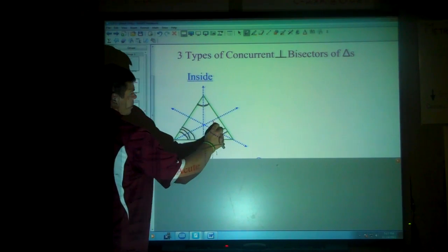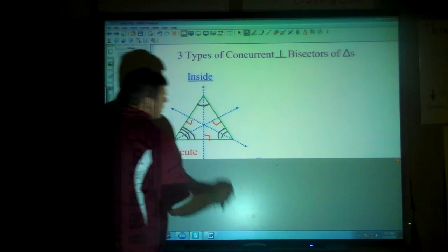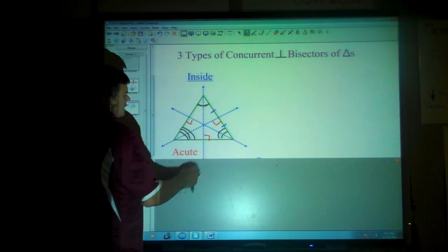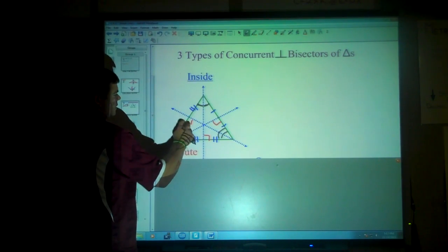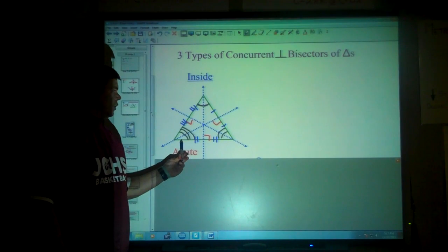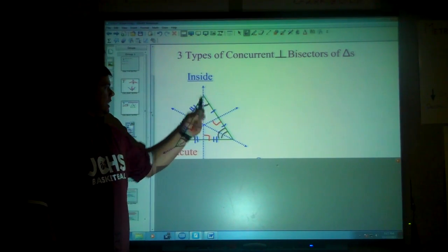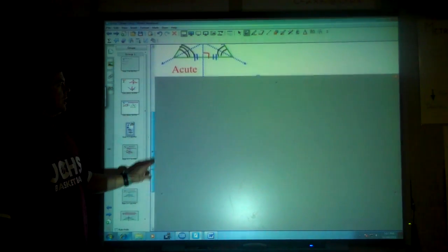Now, this is a perpendicular bisector. And because it's a bisector, it means that this side is the same as that side, these are the same as well, and these are the same. So anytime you have perpendicular bisectors that intersect inside, you know you're dealing with an acute triangle. If you have an acute triangle, you know they'll meet inside.